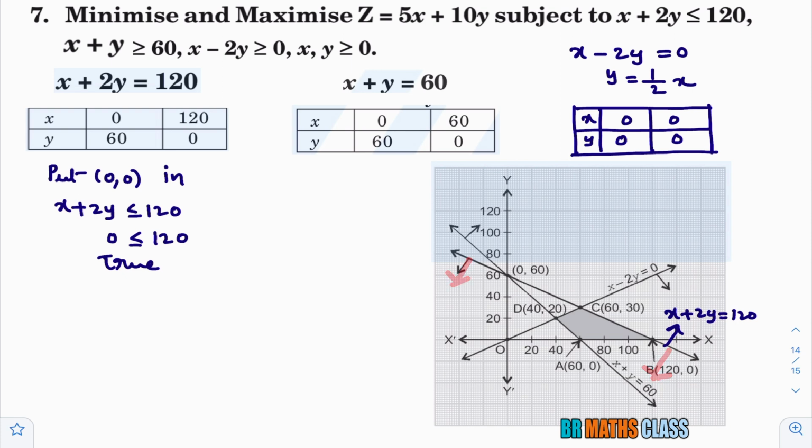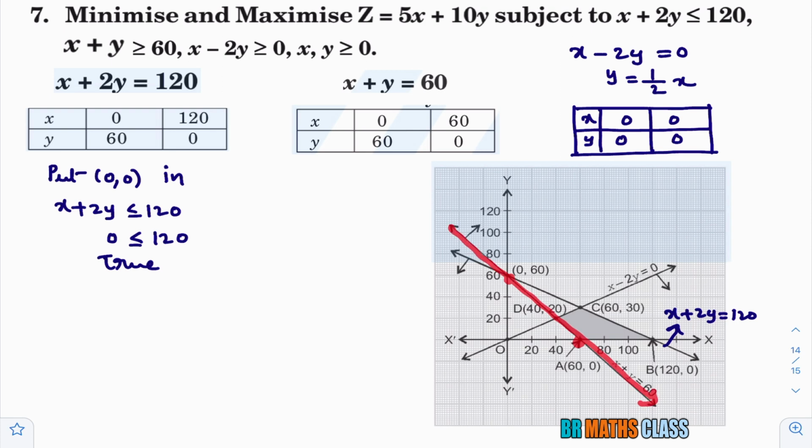Okay. Now similarly, to graph the inequality x plus y greater than or equal to 60, you draw the 2 points on this line, (0, 60) and (60, 0). Where is that? (0, 60), (60, 0). Please observe here. This is (60, 0). This is (0, 60). Draw a line passing through these 2 points.